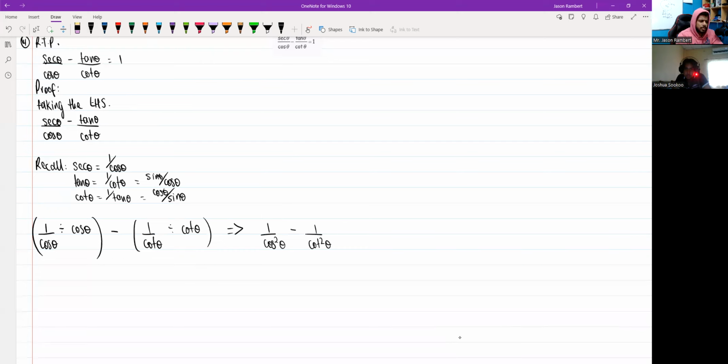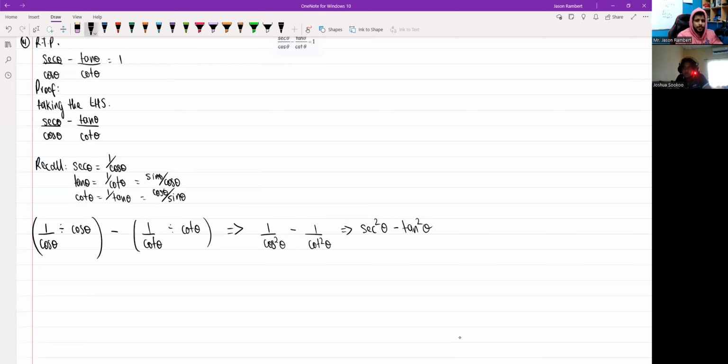I can recall something here. 1 over cos theta is equal to sec theta, so 1 on cos squared is sec squared. I actually don't have to recall any of them because I'll just manipulate the identities I recalled previously. This fella here is sec squared theta, and this one is tan squared theta.